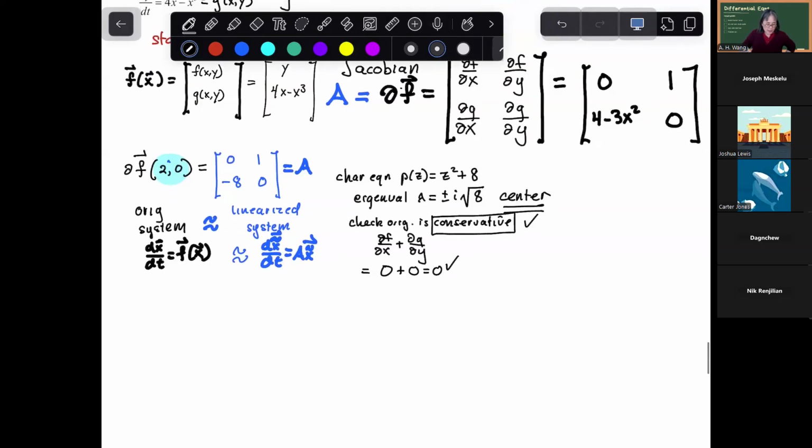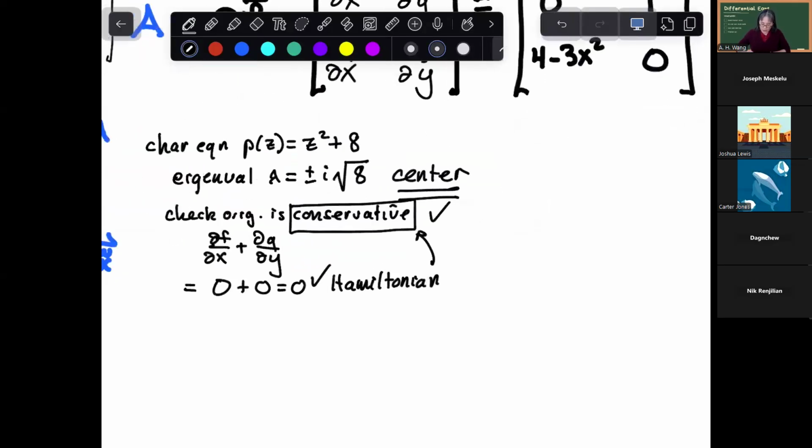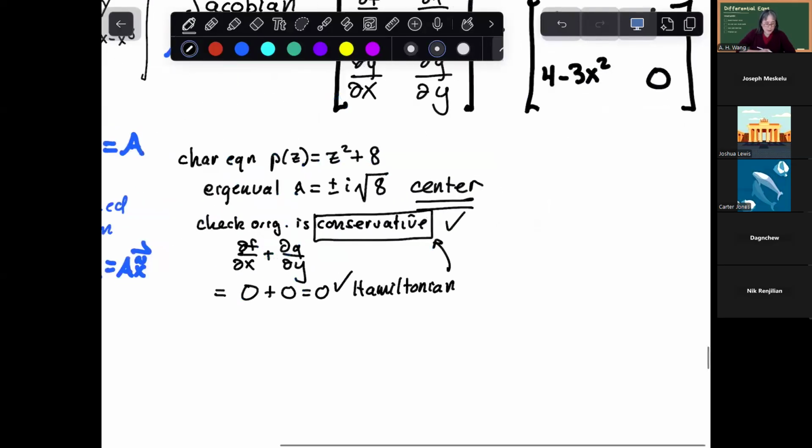So this means Hamiltonian. And if it's Hamiltonian, it's automatically conservative. Now what we're going to do is figure out, is it clockwise or counterclockwise? So we go dx/dt.